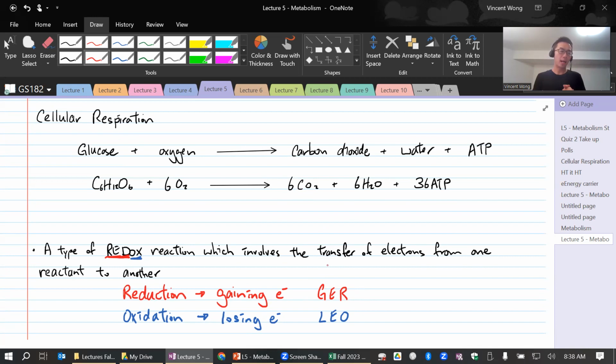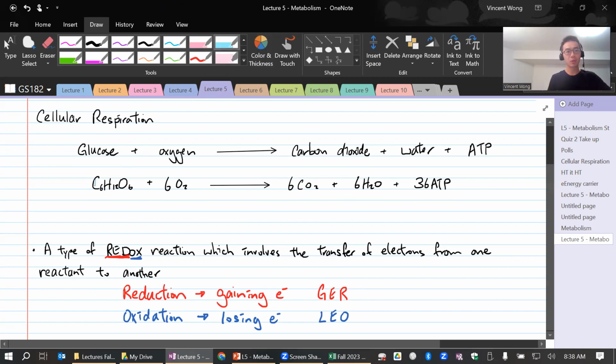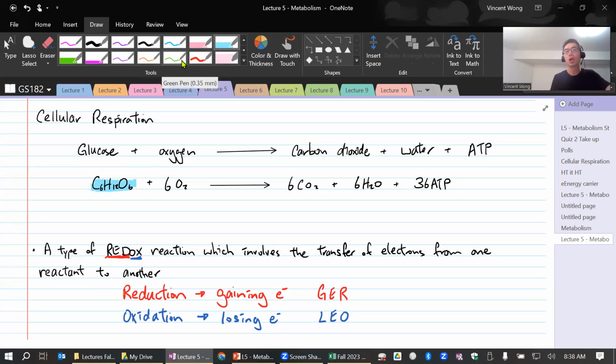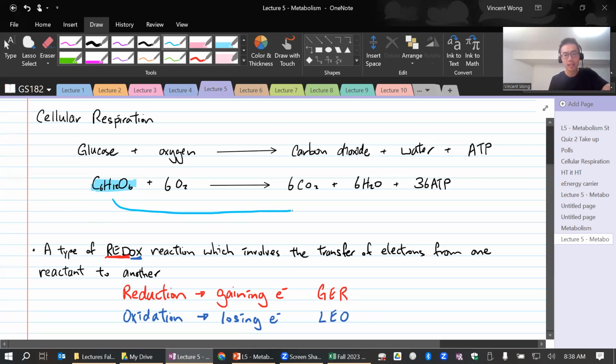So in our reaction, in cellular respiration, glucose is the one that is going to be losing electrons. Okay? This is the one that is going to be oxidized. So we can write it like this: it's going to oxidize into carbon dioxide. So that means it's giving off electrons, and those electrons are packed with energy. Right?